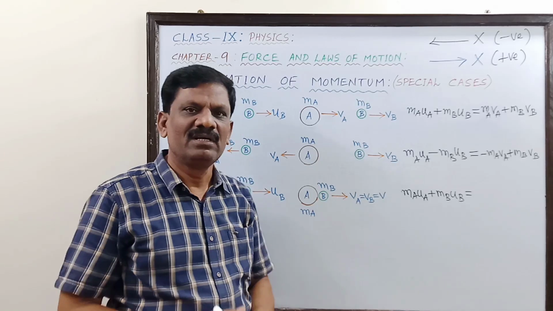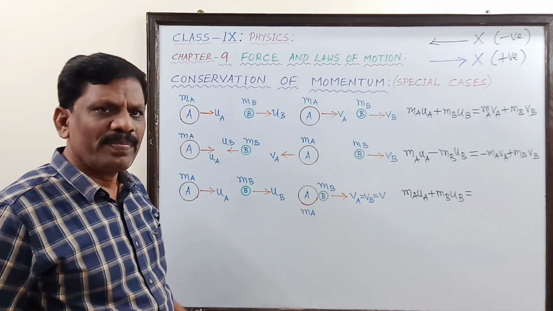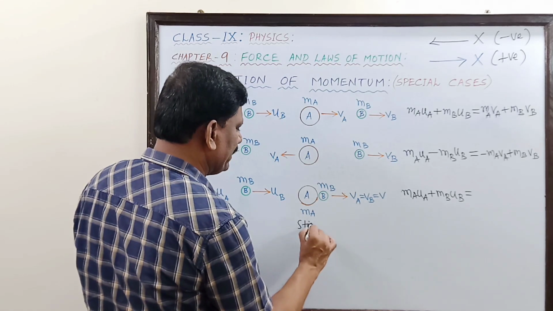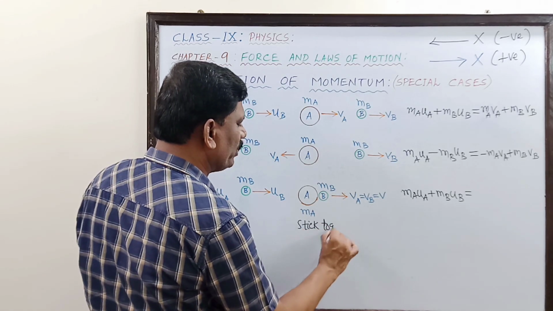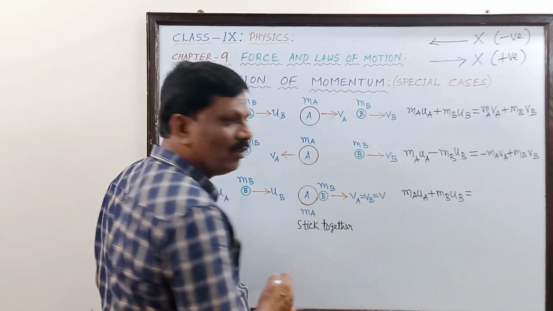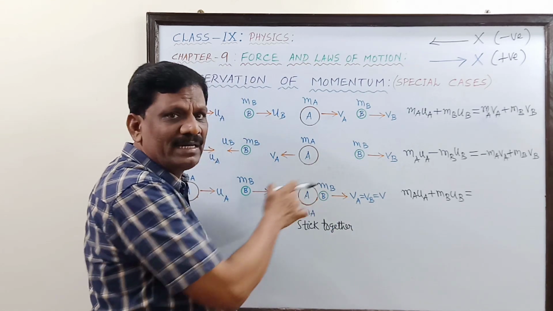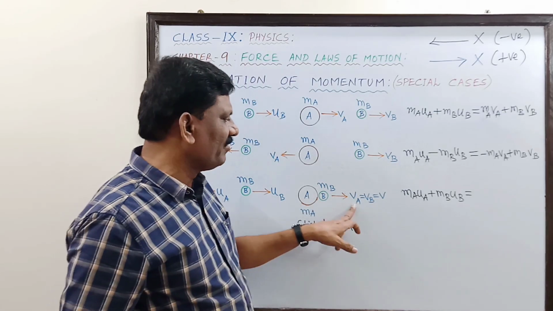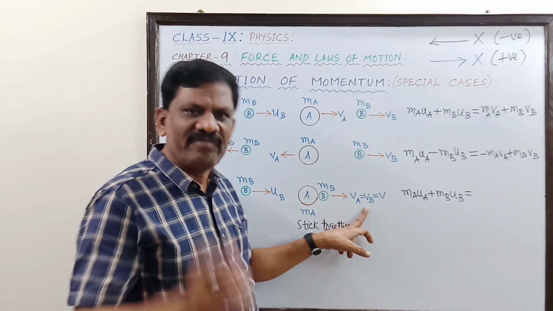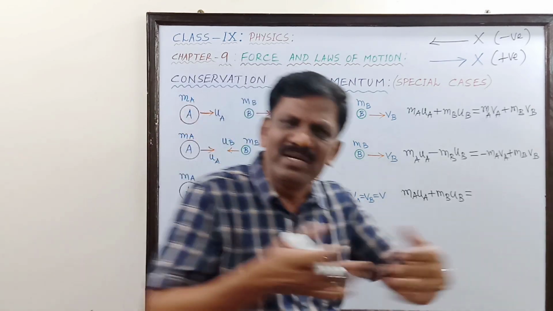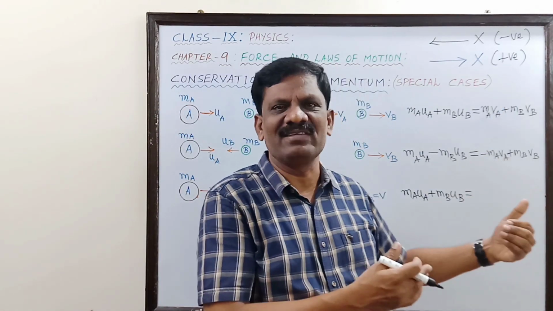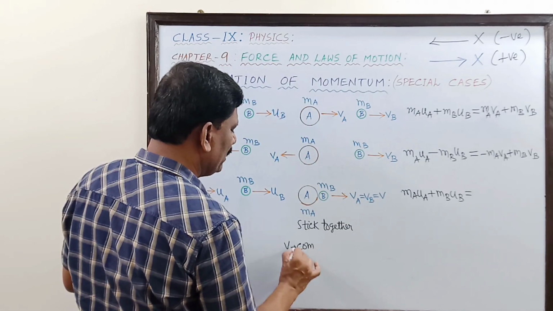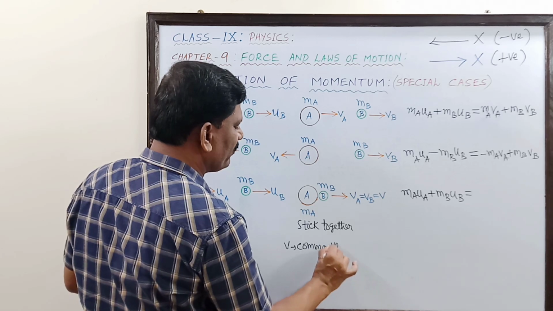Have you understood? Good. Now you see that both bodies stick together. They are getting attached together. As I said, a bullet fired at a wooden block gets embedded, and both will move together. So in such a case, the final velocity of the first body A must be equal to the final velocity of the second body B, because both are moving together. Both will have a common velocity V, called the common velocity of the system.